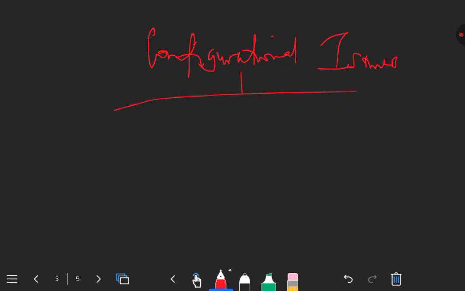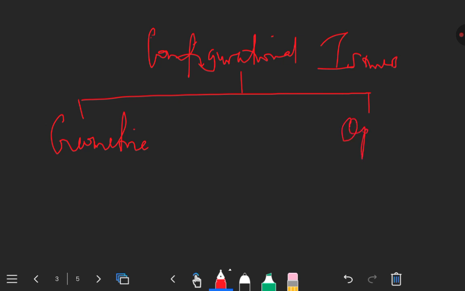We have what are known as geometric and also what are called optic. So I'm going to break them down like this. We have what are known as geometric configuration isomers, and we also have what are known as optical configurational isomers.